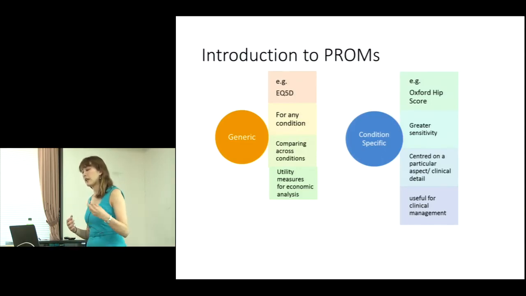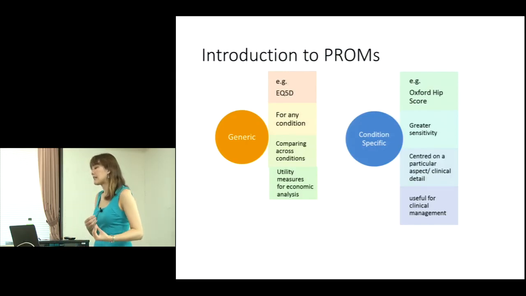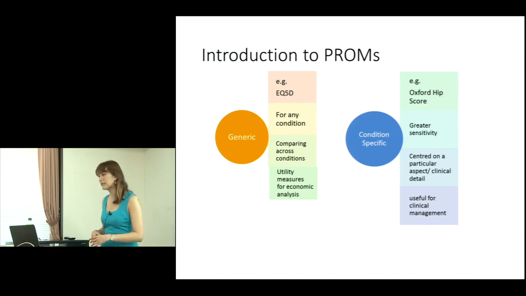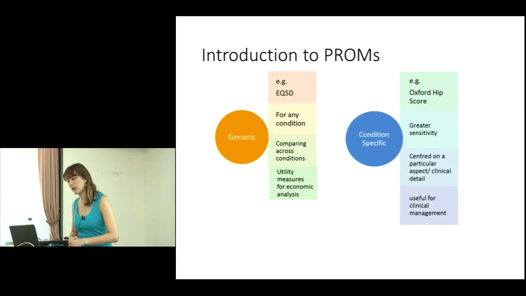They're called generic because they ask about aspects of general health status. For example, they can compare across different conditions. And so they are fairly helpful for economic analysis because you can derive utility measures such as QALYs, etc. from it. In England, the National PROMs program uses the EQ5D. Some of us use that quite often as well.